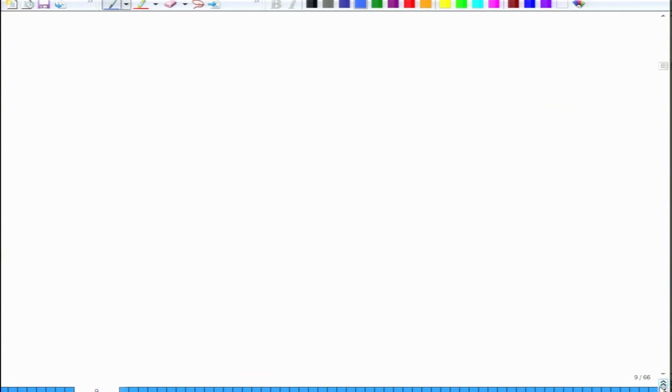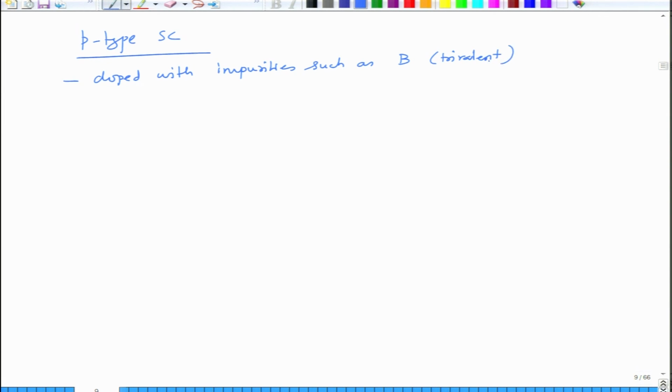Now take a p type semiconductor. P type semiconductors are doped with impurities such as boron, which are trivalent impurities. Okay. Phosphorus is pentavalent, these are trivalent. So, if you make the same configuration, you have these silicon atoms, and then you have boron.